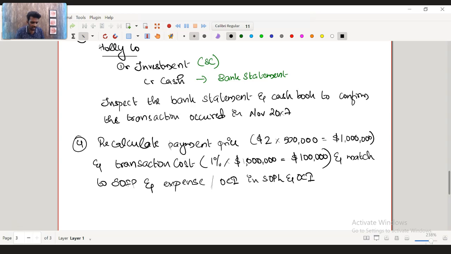So am I writing expense / OCI? Because the transaction cost can be dependent based on the treatment. So if they are treating to OCI, then the transaction cost will also be taken to OCI. If they are treating as fair value to P&L, then the transaction cost will be expense to P&L. So that we need to verify.